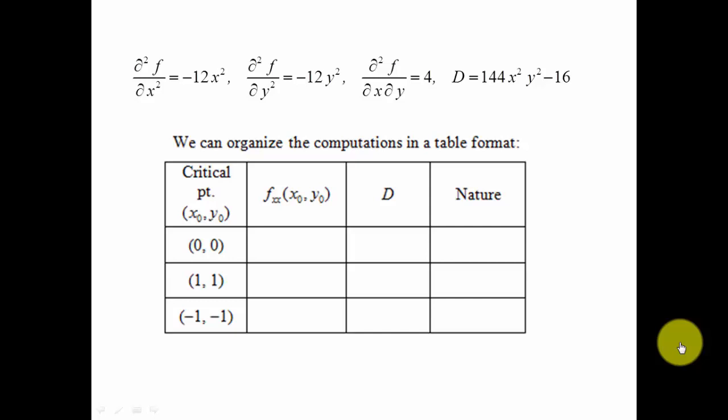So let's figure out the nature of the critical point at 0, 0 using the formula of partial differentiation of f with respect to x 2 times. At the point x equals 0, y equals 0, this value is 0 here, and the value of d is 144x squared y squared minus 16. When x is 0 and y is 0, d is equal to negative 16.